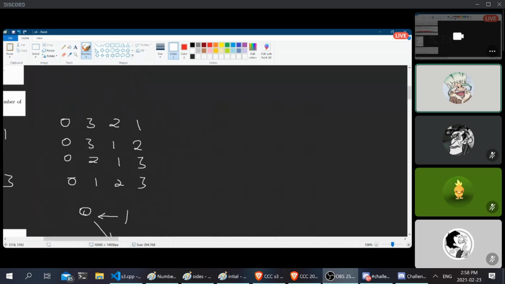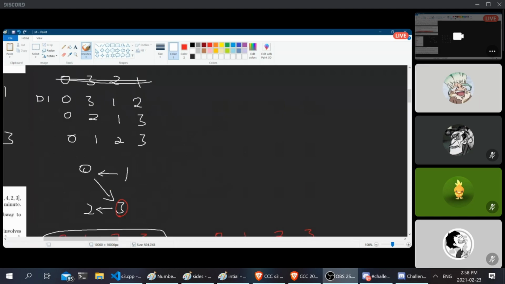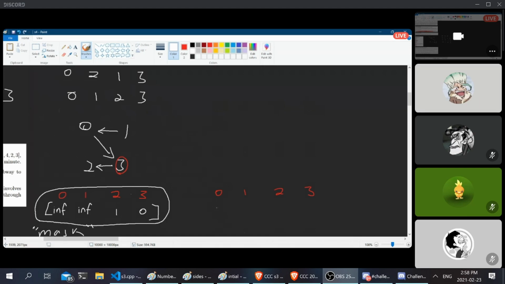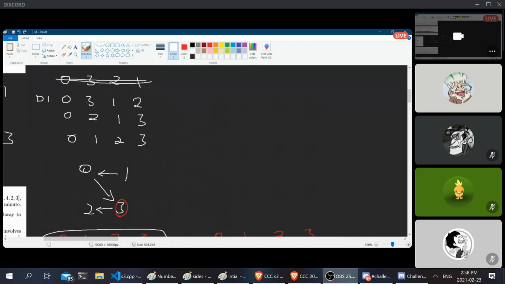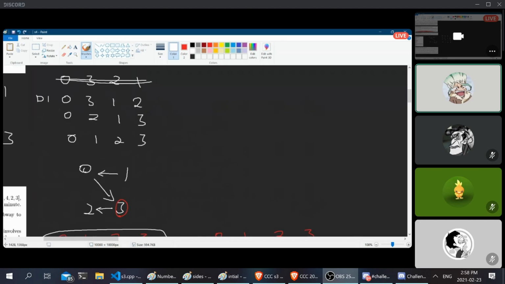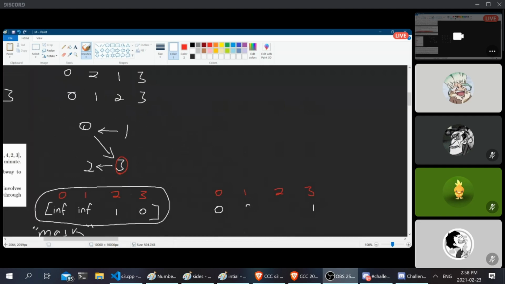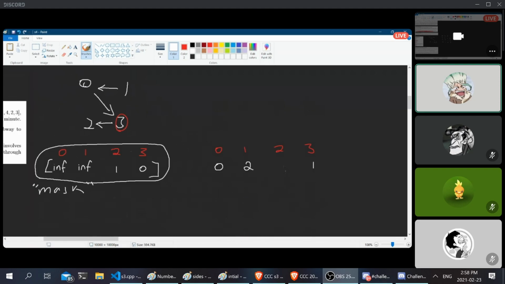For example, on day 1, the subway goes from 0, 3, 1 to 2. So this array would look like: it takes 0 steps to get to 0, since 0 is the first station. To get to 3, it takes 1 step. Then to get to 1, it takes 2 steps. And then to get to 2, it takes 3 steps, or 3 minutes.